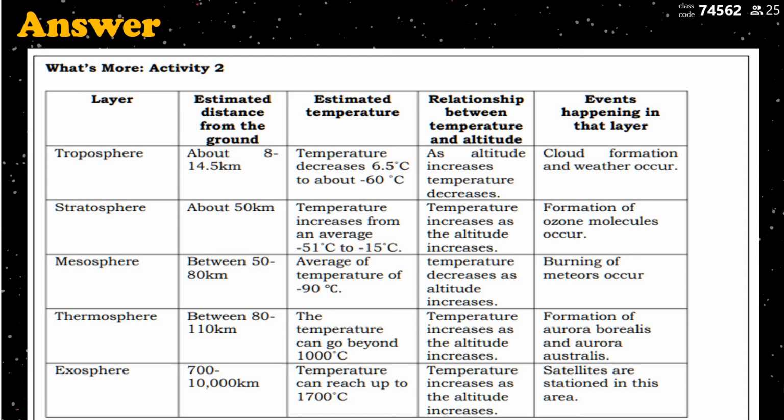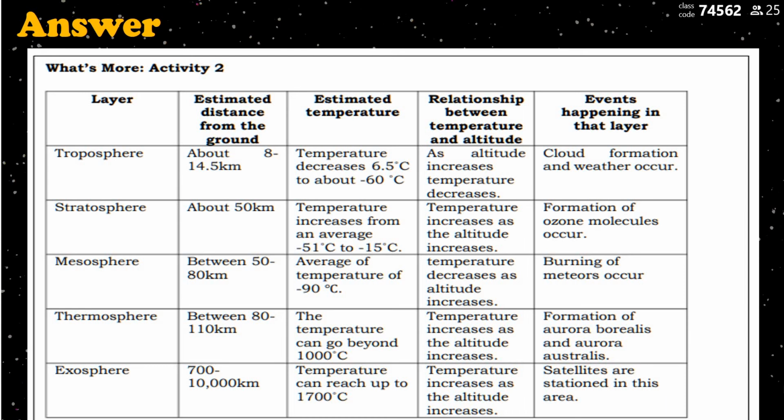The next one is thermosphere, between 80 to 110 kilometers. It's the estimated distance from the ground. Estimated temperature, the temperature can go beyond 1000 degrees Celsius. Relationship between temperature and altitude: temperature increases as altitude increases. Then what's happening in this layer? Formation of Aurora borealis and Aurora australis. And the last one is the exosphere.